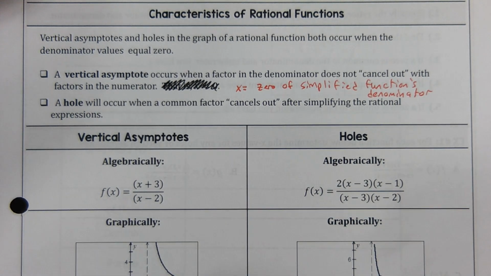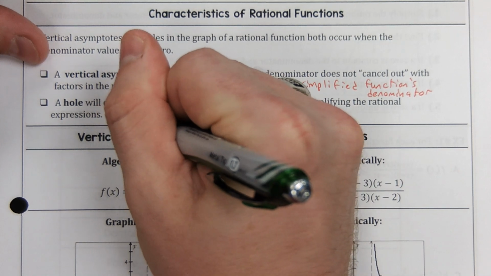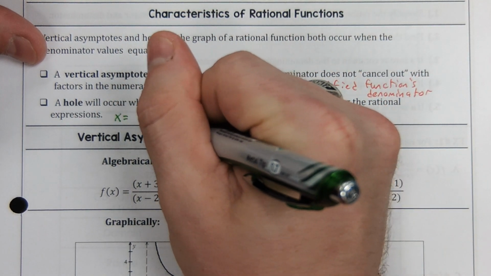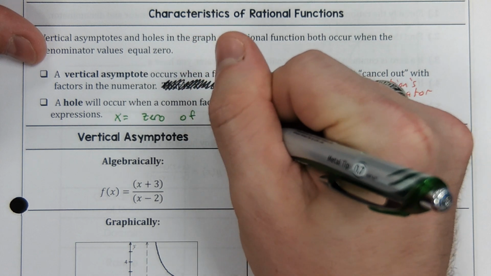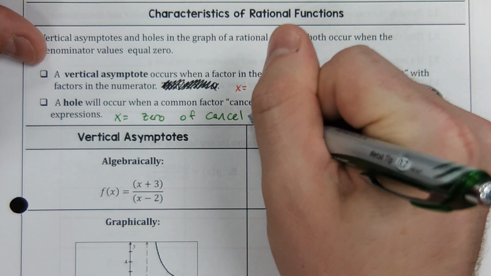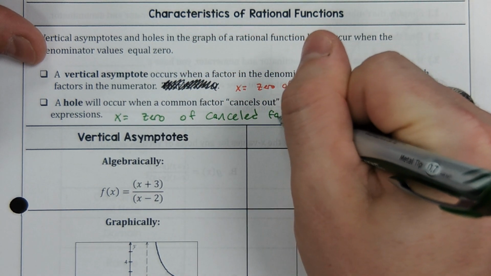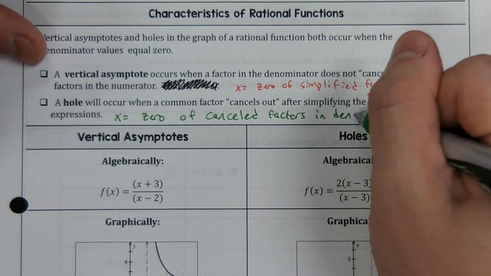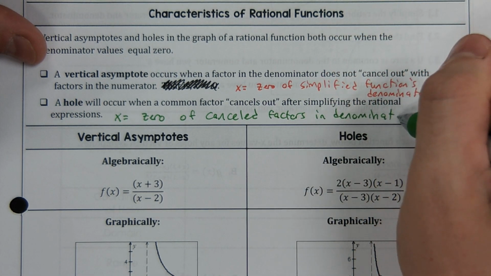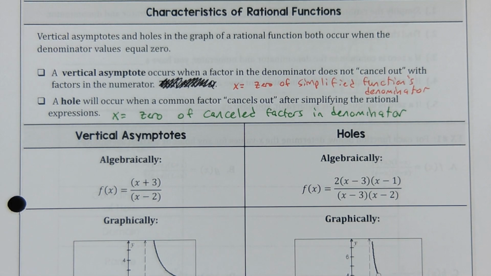So this is going to happen at x equals 0 of canceled factors in the denominator. So they're canceled. That means they no longer make the bottom equal 0, but they used to. That's how you know there's a hole in the graph.